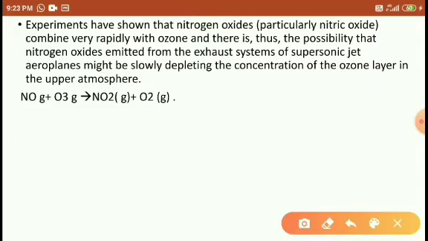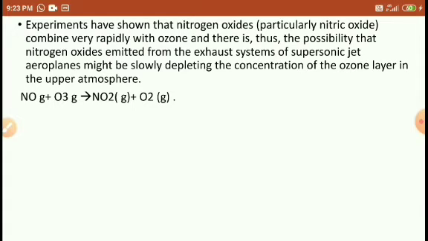The nitrogen oxide emitted from the exhaust system of supersonic jet aeroplanes might be slowly depleting the concentration of the ozone layer in the upper atmosphere.